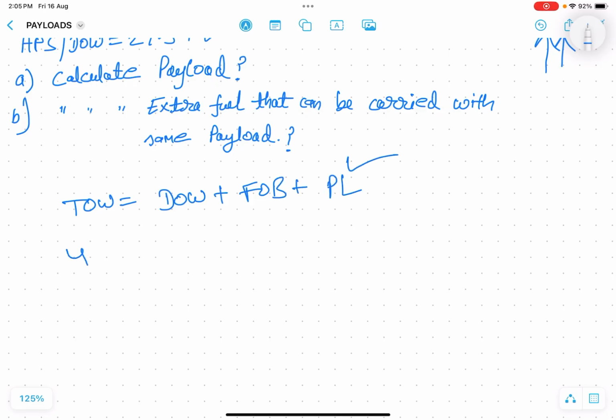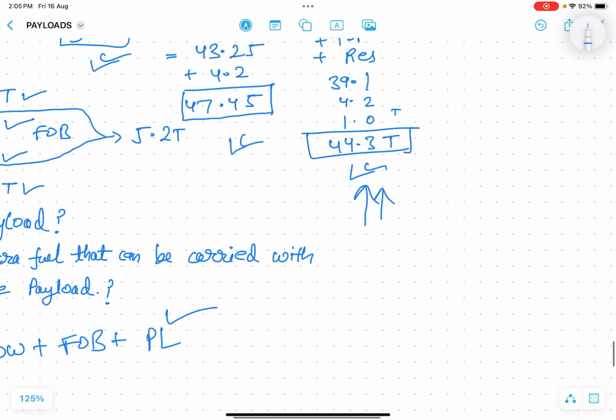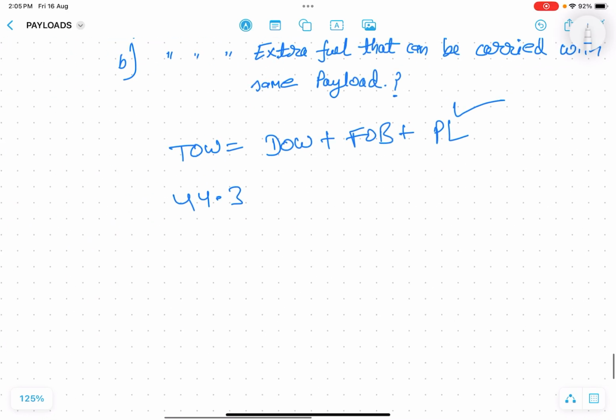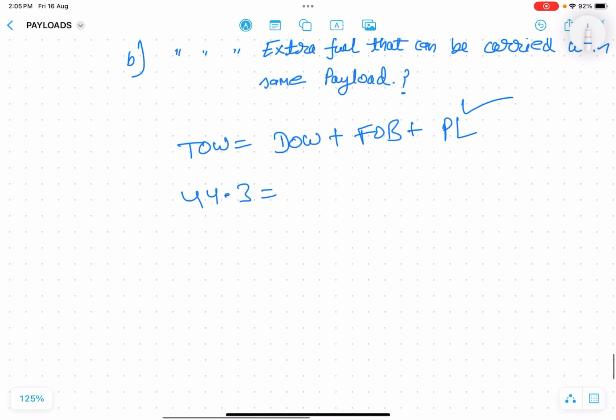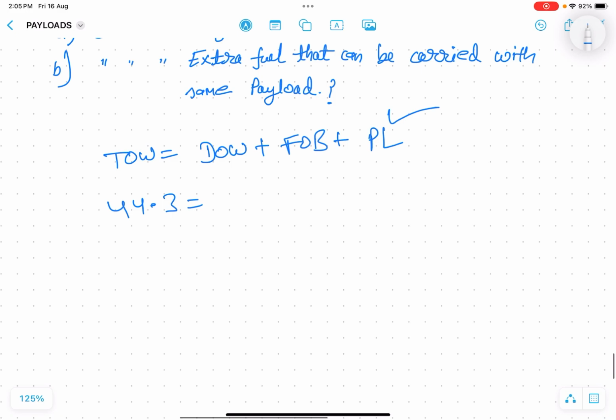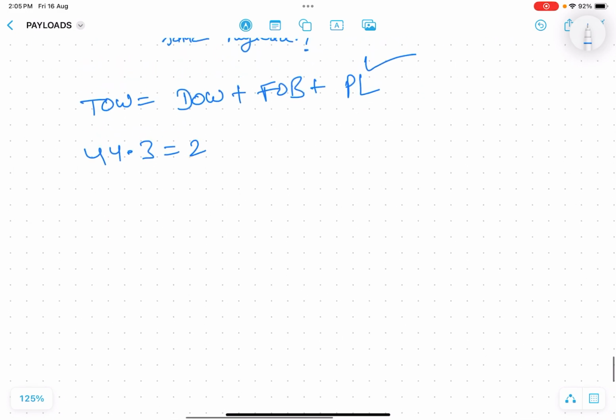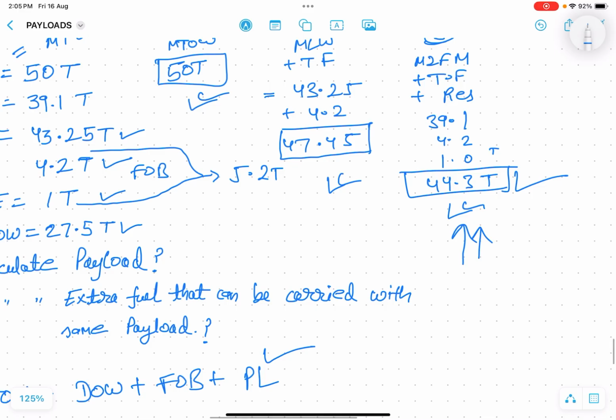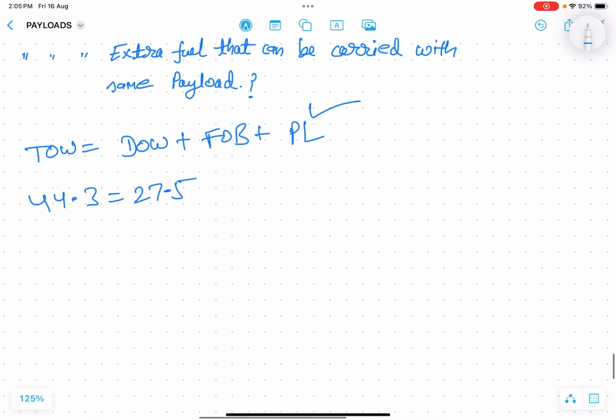Takeoff weight was 44.3 is equal to dry operating weight was 27.5. Fuel on board was 5.2 tons, 5.2 tons plus payload. So payload comes out to be 11.6.